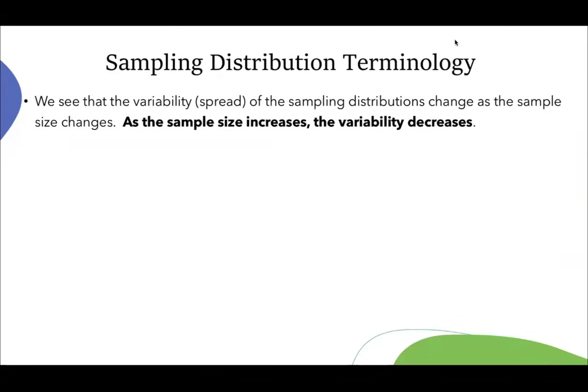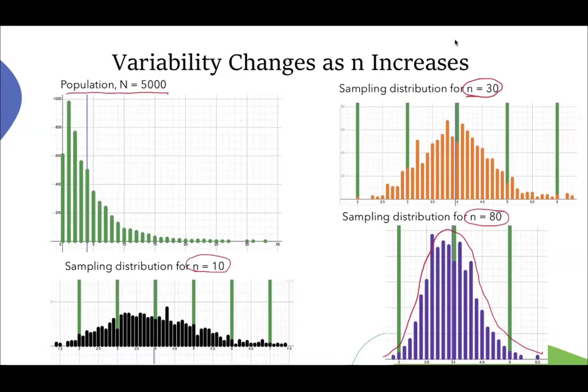So as a rule, when the sample size increases, variability decreases. Going back to that picture, you see things were more spread out in the population, smaller variability in black, even smaller variability in orange, and the smallest variability in purple. The spread is smallest in the purple distribution with the biggest n.